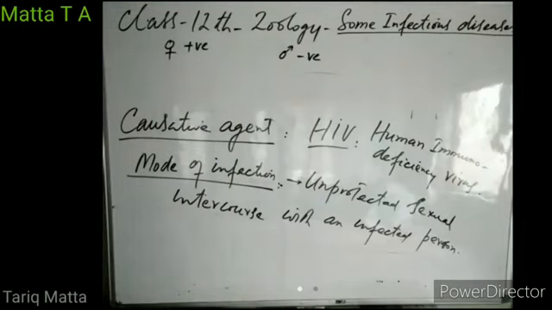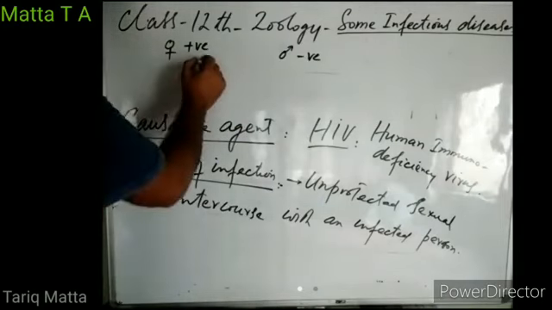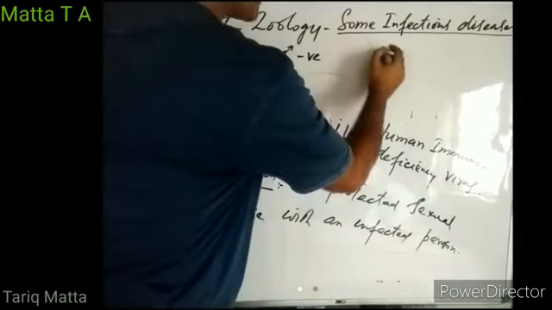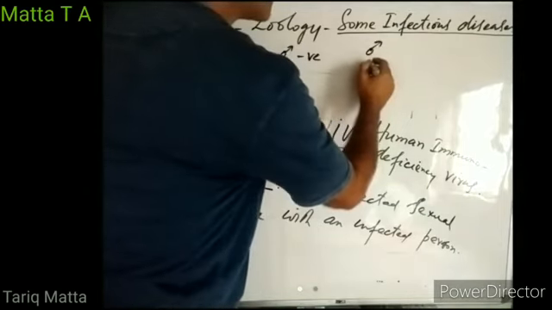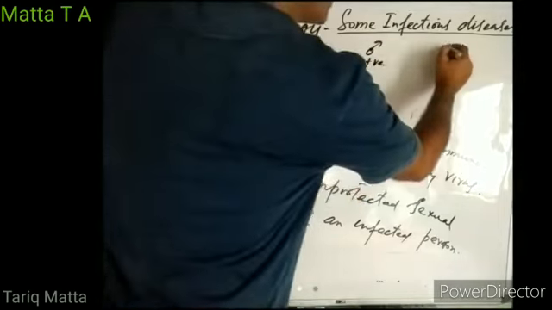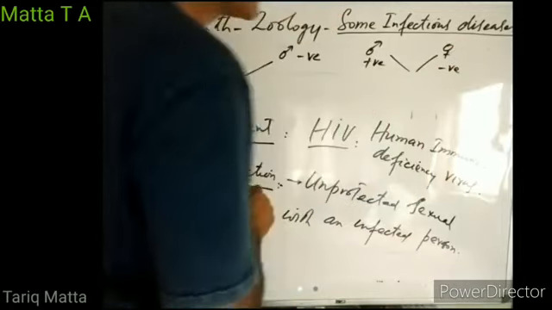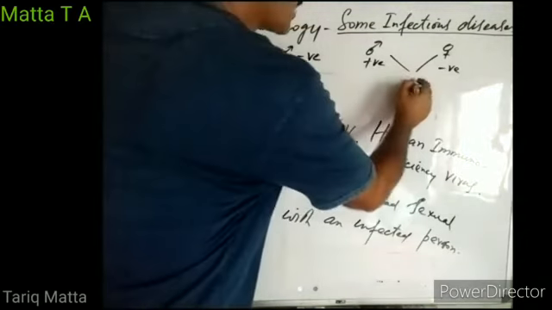Is the male likely to get infected? First, let us see this. If the male is HIV positive and the female is HIV negative, and they go for sexual intercourse, the female will become HIV positive.